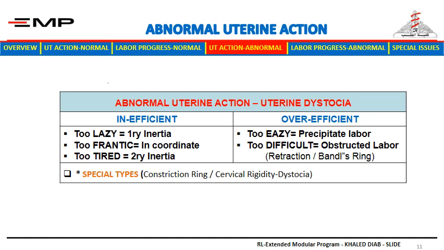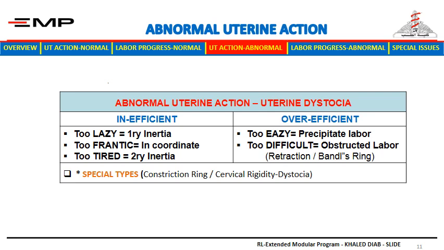Abnormal uterine contractions or action may be either inefficient, ineffective, being either subnormal inertia, primary or secondary, or incoordinate uterine action, or being over-efficient, manifested as precipitate labor, which has its implication for the mother and the neonate and will be discussed by the end of this presentation.